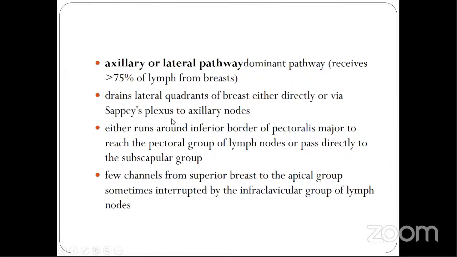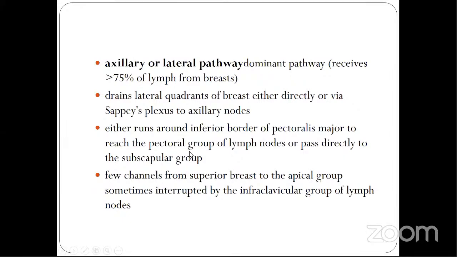This axillary pathway runs around the inferior border of the pectoralis major muscle to reach the pectoral group of lymph nodes. In the next slide or after two slides, we will have the axillary lymph node anatomical region.